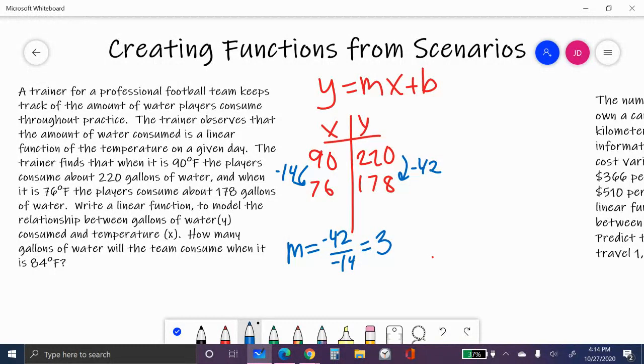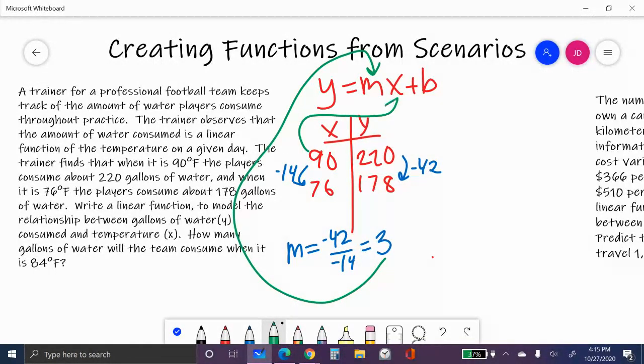All right, now we've got to find my b. So my b value, we know y equals mx plus b. We know my m value, right? I'm going to plug in 3 for m, and I'm going to pick an x and a y. I'm going to pick 90 for my x and 220 for my y and figure out what my b is. So I'm going to have 220 equals 3 times 90 plus b.